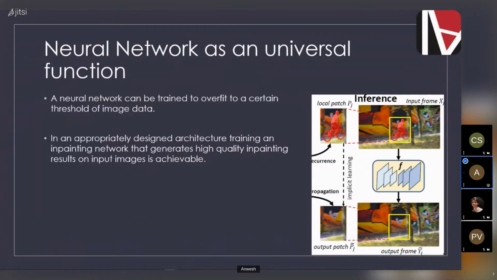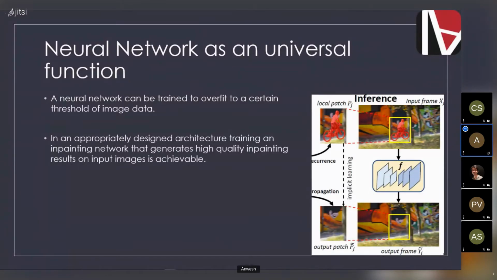Now let's understand the second observation, that is neural networks as a universal function. We know what overfitting is. Overfitting is when the model predicts exactly what the data has offered. It is generally not a good practice, because we may get incorrect predictions.